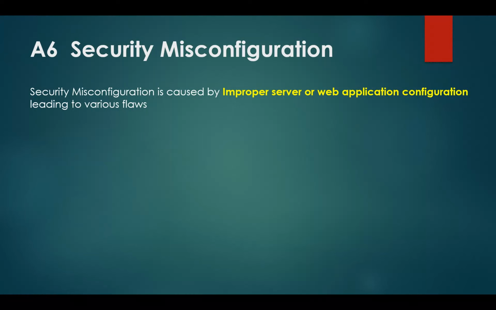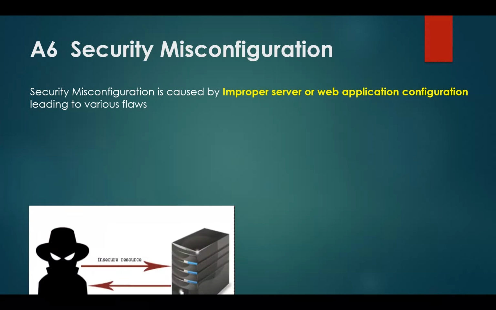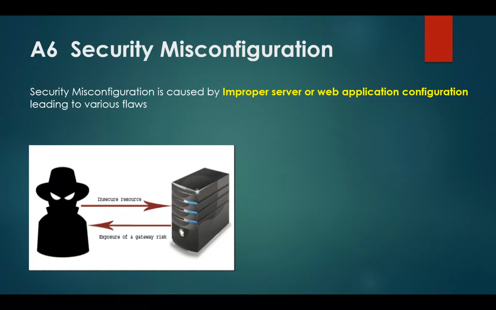If we do not have proper configuration for each device, new vulnerabilities and risks could be generated. Insecure resources could be requested to the web server, and then the web server is easily exposed as a gateway risk.